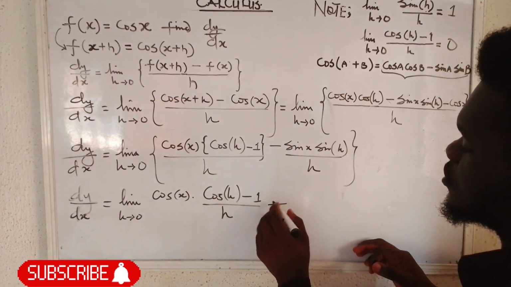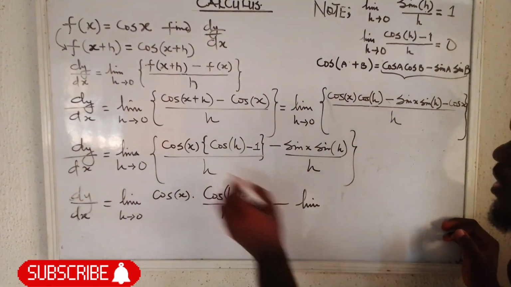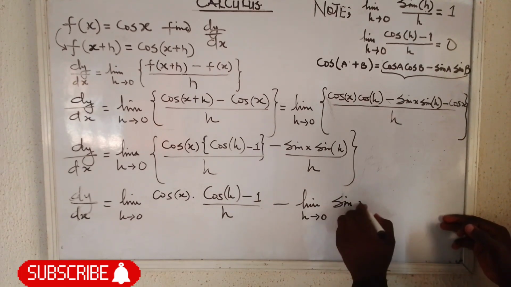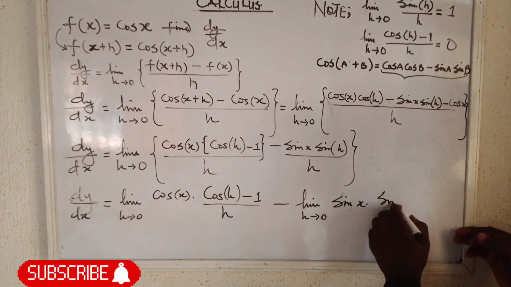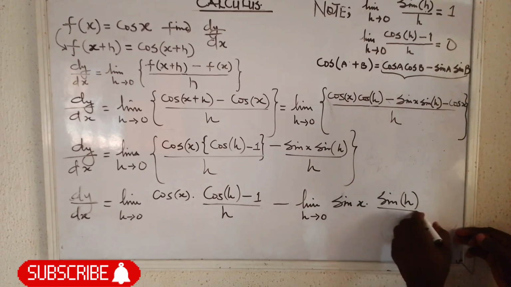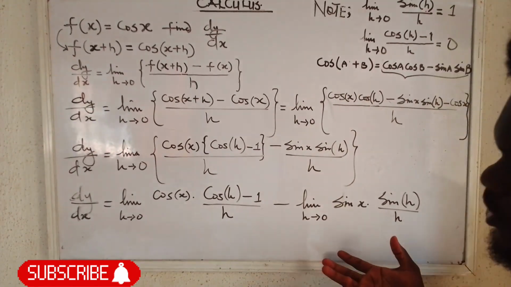Then the minus, which is this minus sign. The limit is still going to affect it because the limit has expanded the bracket. As h tends to 0, we still have the sine of x, then the sine of h, which is the increment in x, over h. So this is what it is.